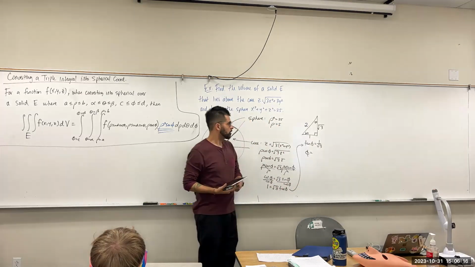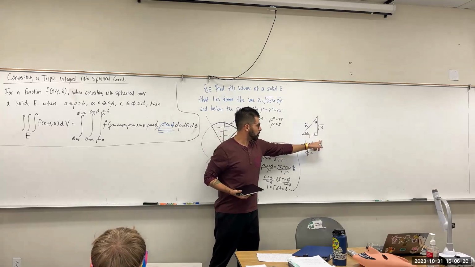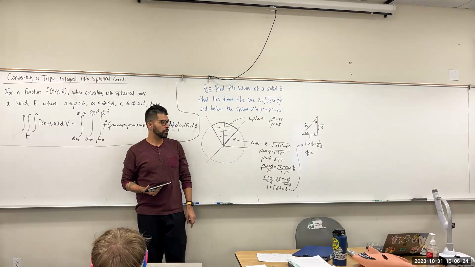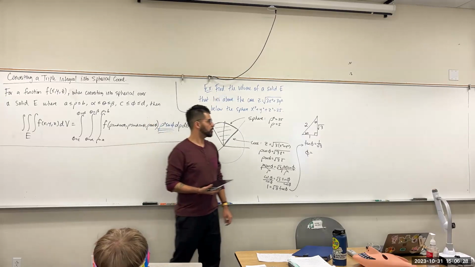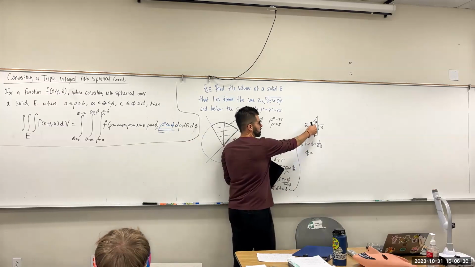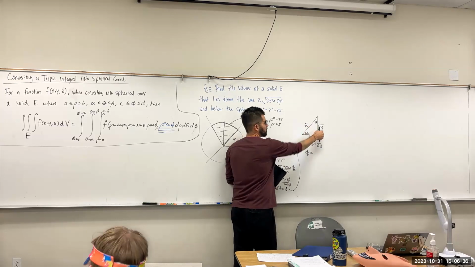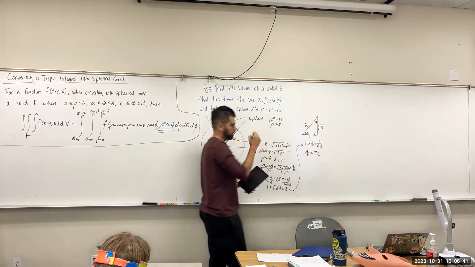So which angle gives you that tangent is 1 over root 3? Tangent is opposite over adjacent. That's 30, so pi over 6.